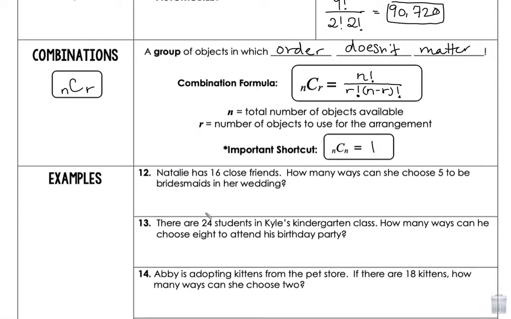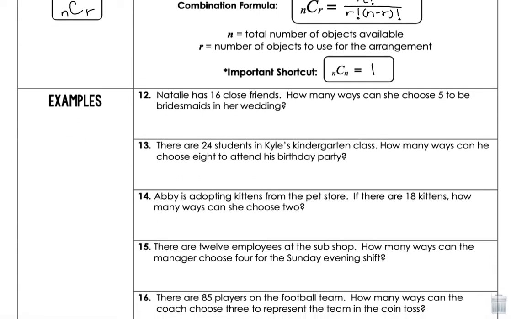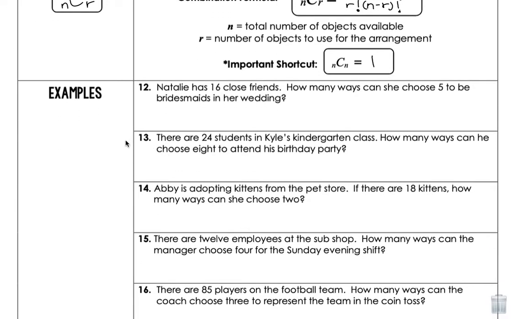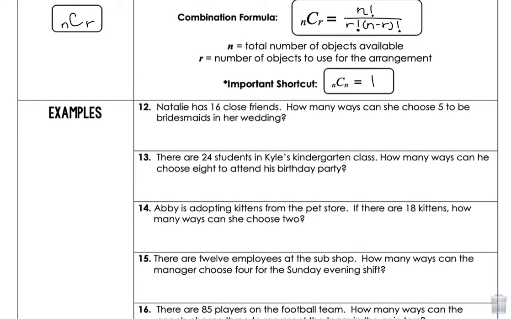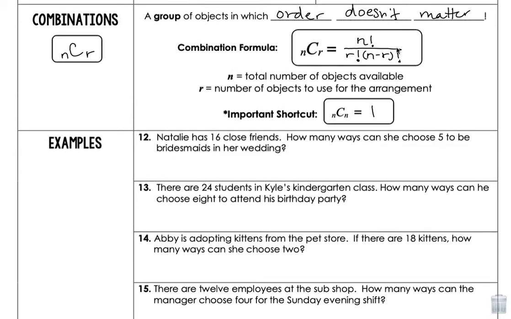So some examples. Number 13. There are 24 students in Kyle's kindergarten class. How many ways can he choose 8 to attend his birthday party? So let me just scroll up so you can see the formula. We are choosing 8 different people with a total of 24. So order doesn't matter, because if I choose Joey first and then Mike second, it's the same as choosing Mike first and Joey second, because they're both going to end up at the party.